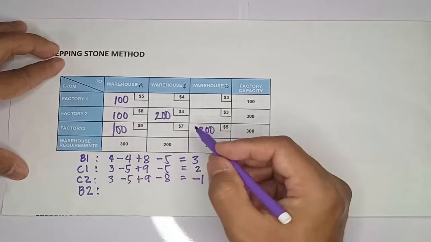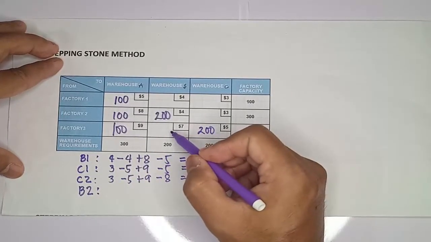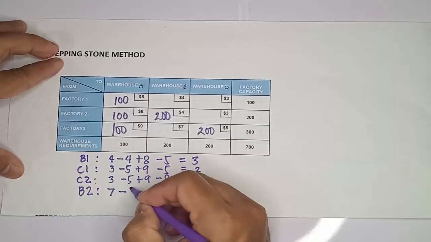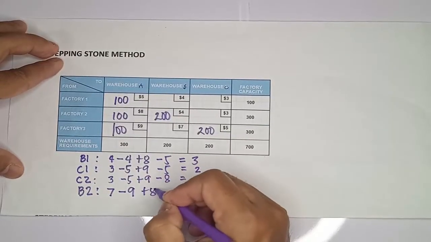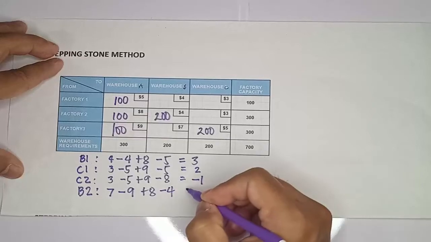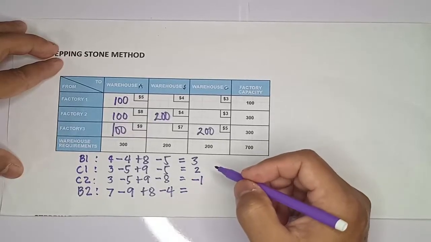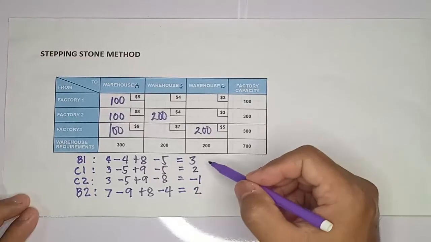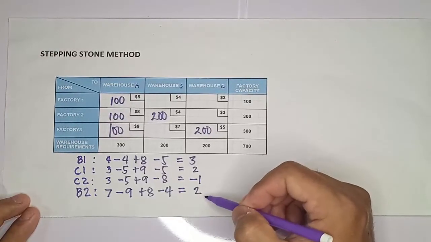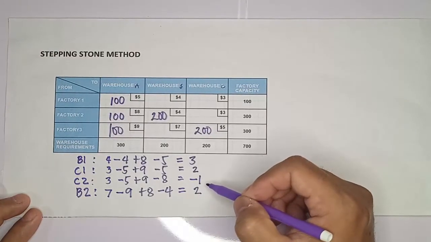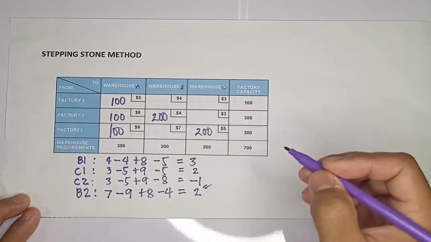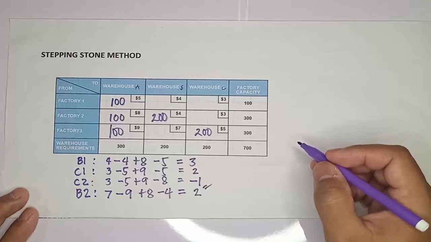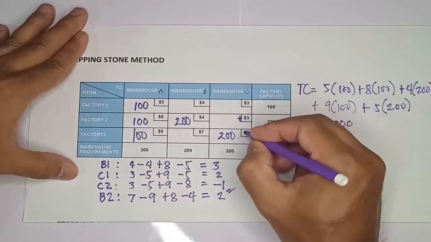And on B2, the closed path is 7 minus 9 plus 8 minus 4, which is equal to positive 2. Since one of the values of the improvement index is a negative number, negative 1, there will be a redistribution on C2.